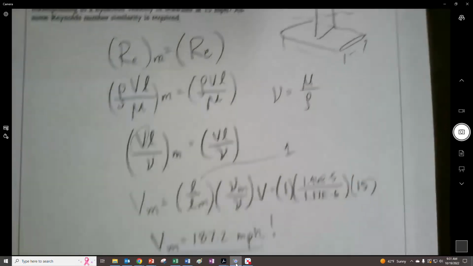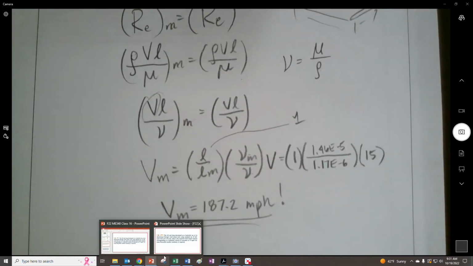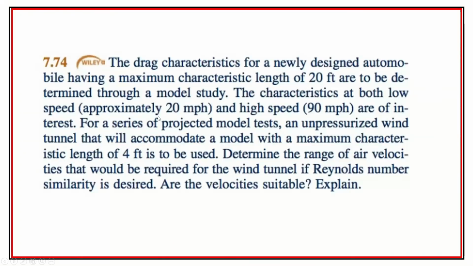So let's take a look at another problem, because that was a short problem. Let's say the drag characteristics of a newly designed automobile having a maximum characteristic length of 20 feet are to be determined through a model study. Usually drag is probably what we're looking at. The characteristics of both low speed, approximately 20 miles per hour, and high speed are of interest.